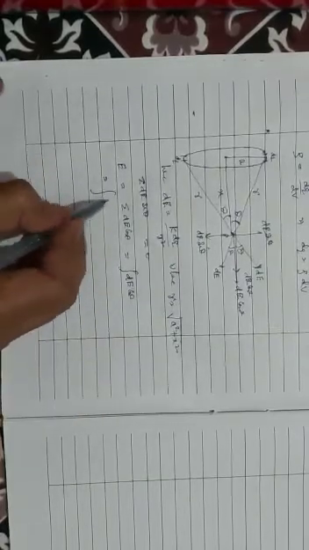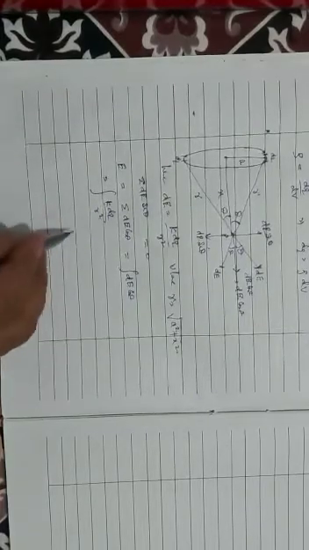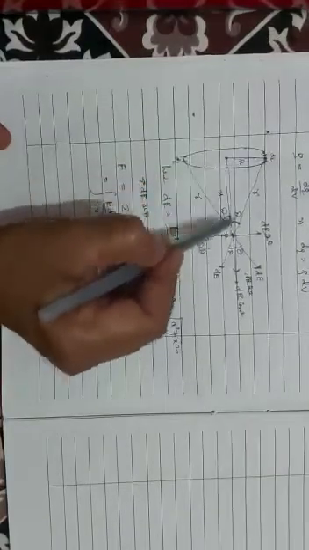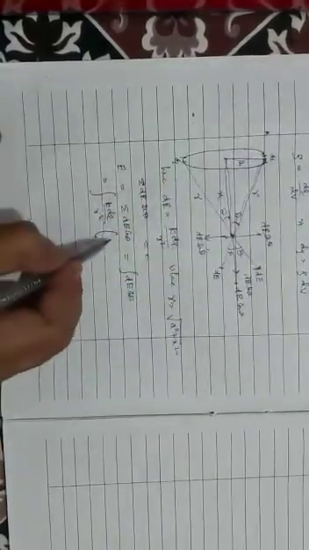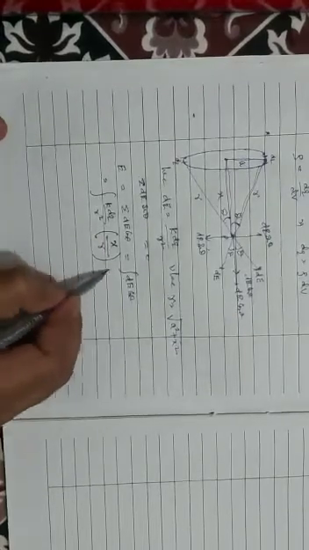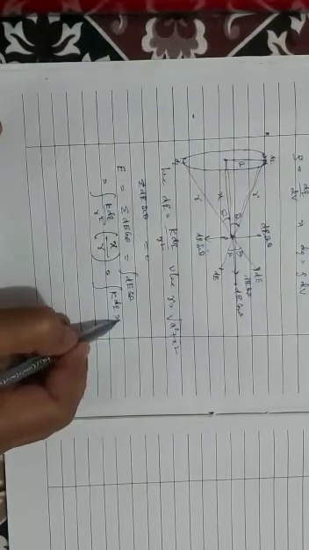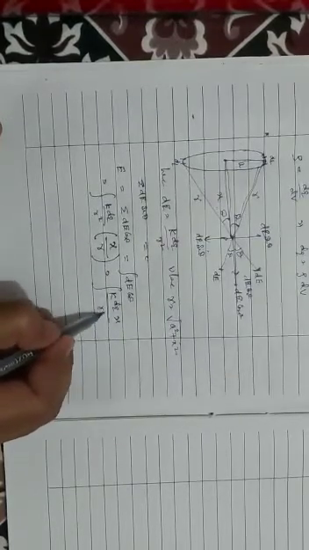Here dE is your k dq by r square, and you replace this cos theta in any one of these triangles. Cos theta will be x by r. That means this will be k dq x by r cube.